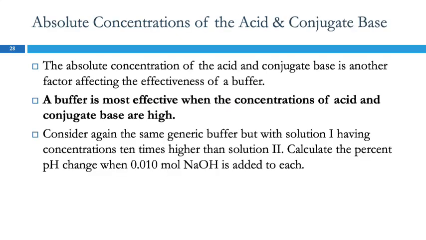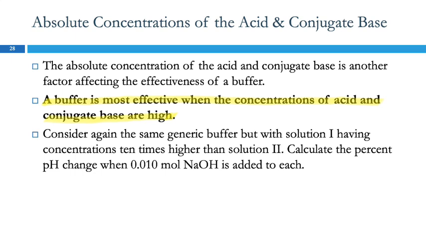So another thing that affects the effectiveness is the absolute concentration. A buffer will be most effective when the concentrations of acid and conjugate base are high. You could have equal amounts but very low concentrations. That would not be as effective as equal amounts at higher concentrations.